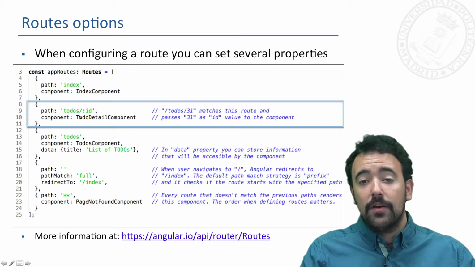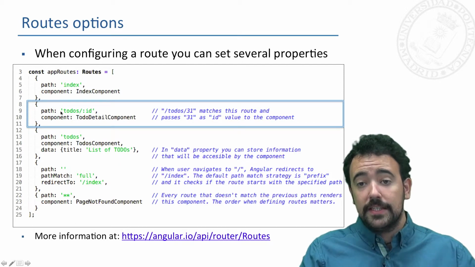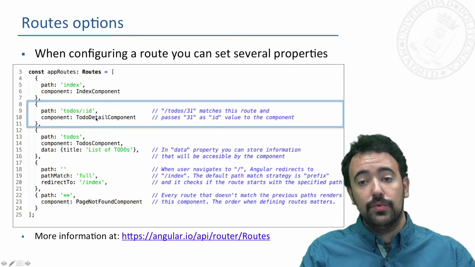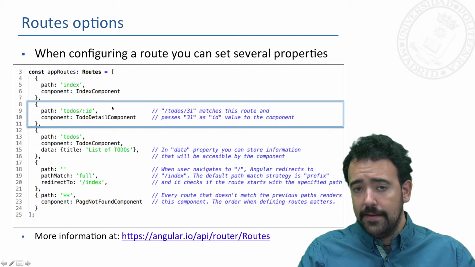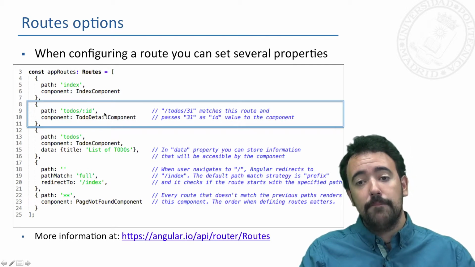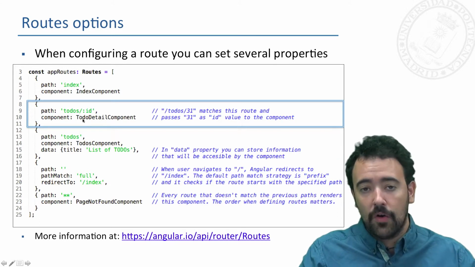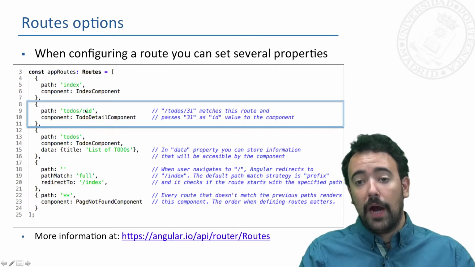For instance, we can, of course, manage parameters in the URL. So in this case, we are passing to the to-do detail component the identifier of the specific to-do we want to display in the application. This is managed as in other languages using a colon, and after the colon the name of the parameter.